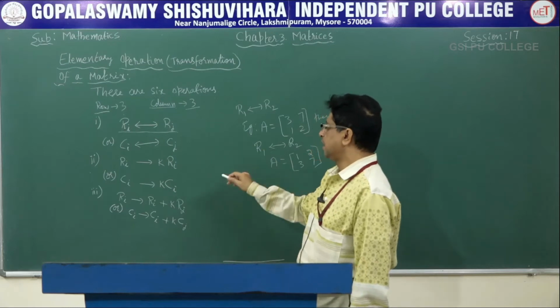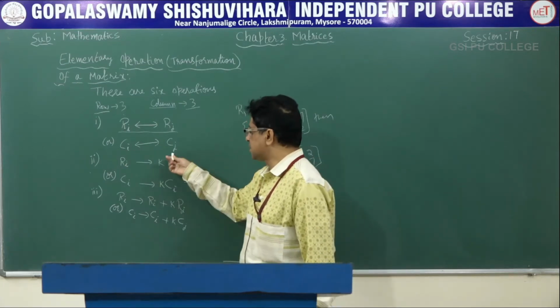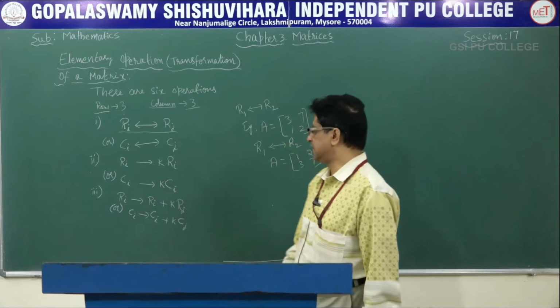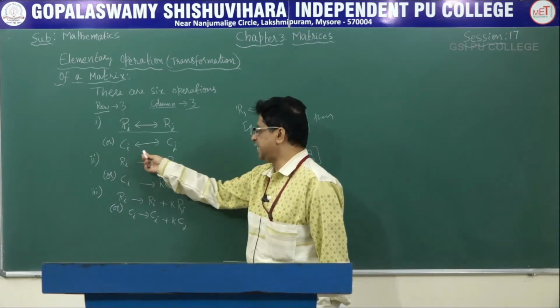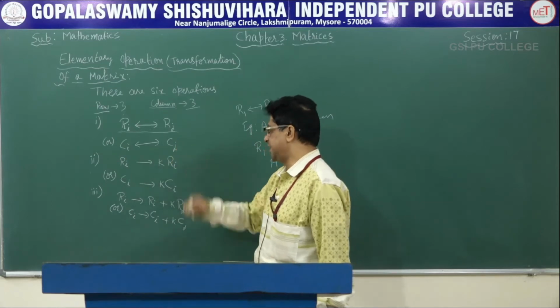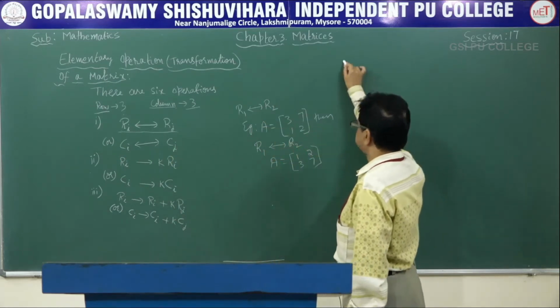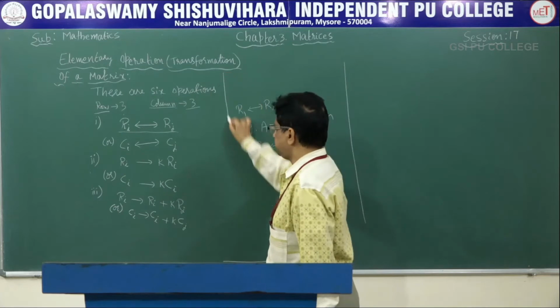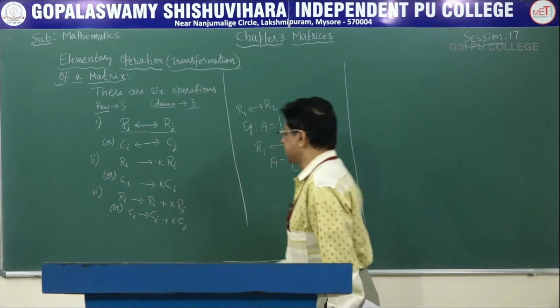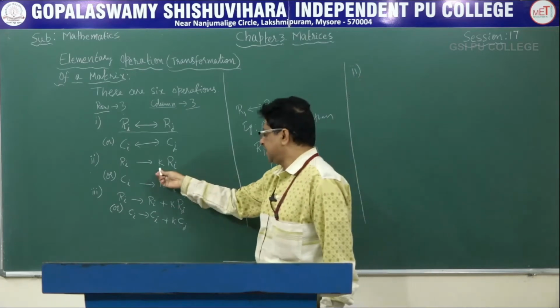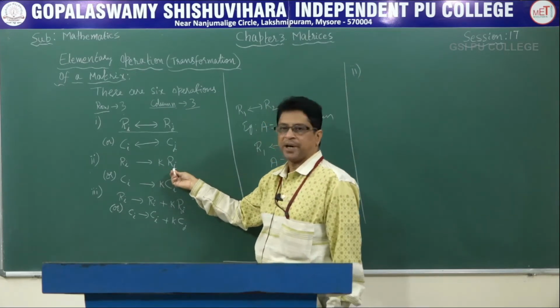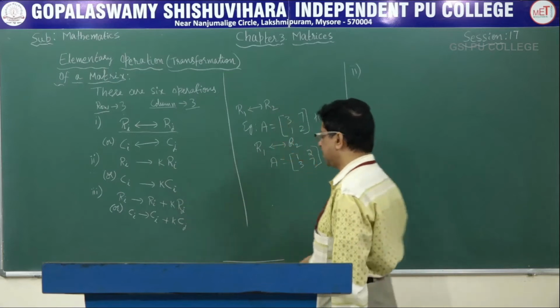Column operations also we can do. That is, in general, the column operation is represented by Ci interchanging Cj. And the second operation which we can do is that any constant can be multiplied to a particular row.